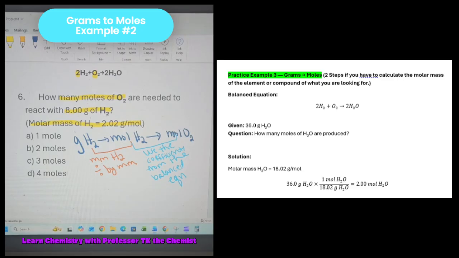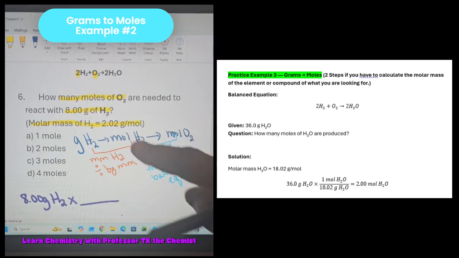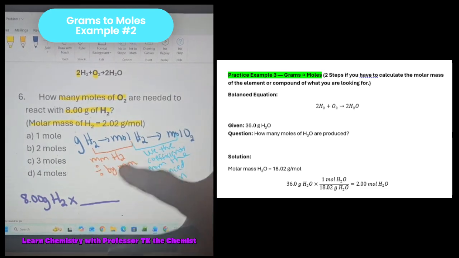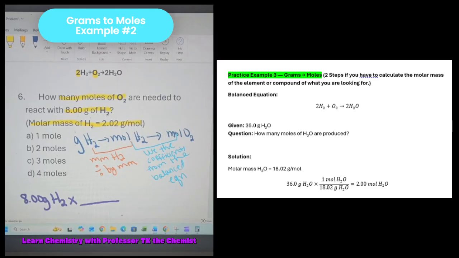All right, you've got 8.00 grams. Always start off with the first number they give you in the problem. Times. Remember, because we're going from a gram to a mole, we divide.